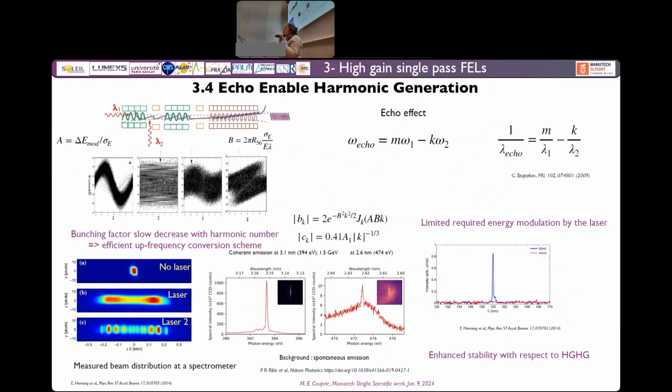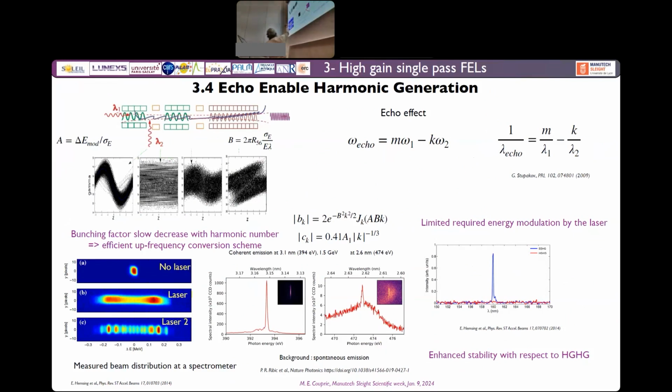So we can wonder what happens if we do two laser-electron interactions. This is called echo-enabled harmonic generation. The idea is first to imprint the energy modulation with the first laser tuned on the first undulator segment. As we see, we imprint this energy modulation. It's what I have explained since the beginning.